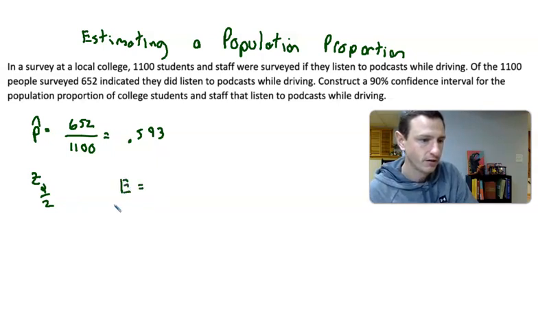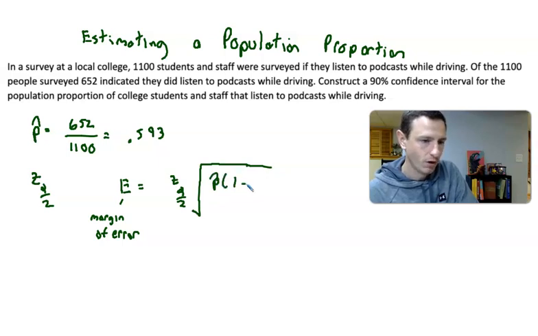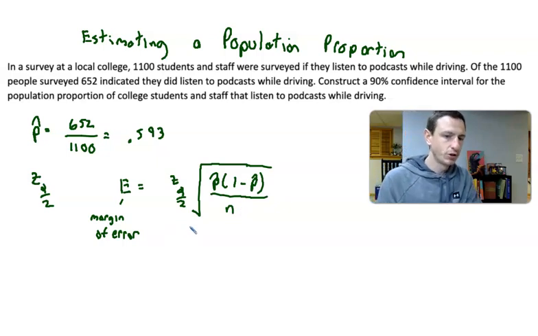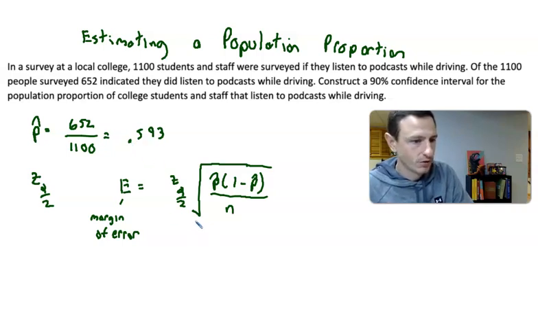The margin of error is found by taking your critical value, z sub alpha divided by 2, times the square root of p-hat times 1 minus p-hat divided by the sample size. And once we get that margin of error, then we are able to construct a confidence interval around this p-hat value.